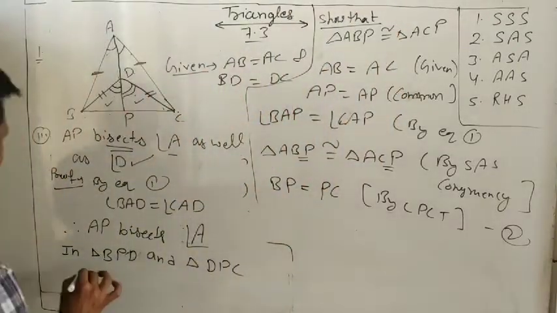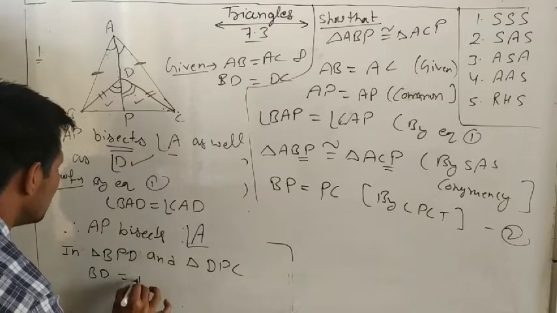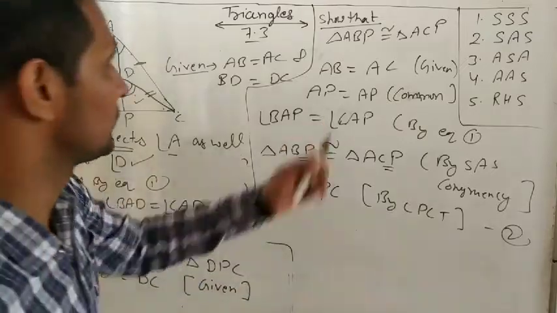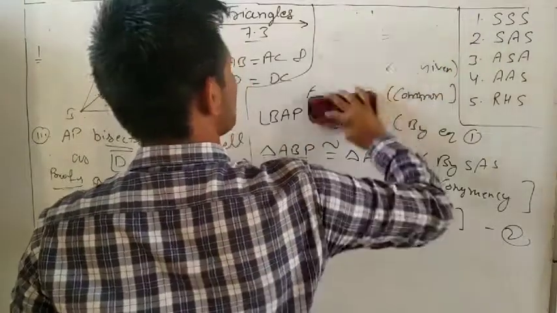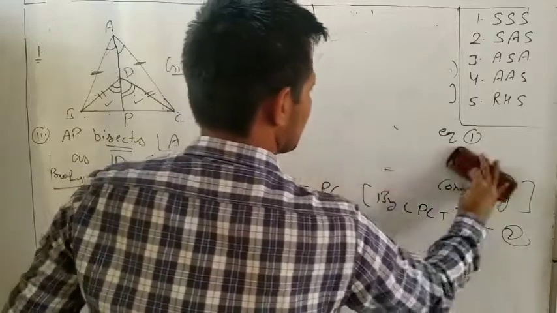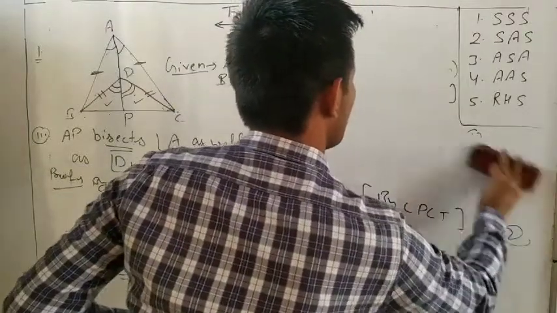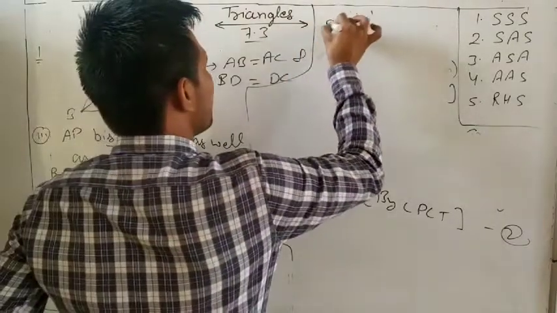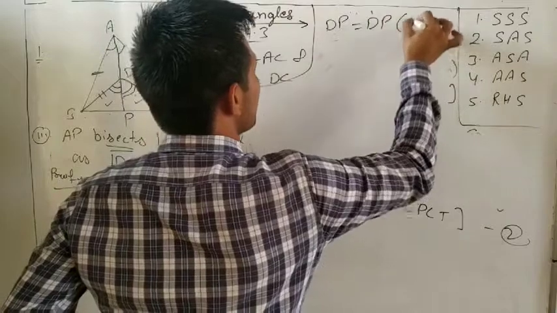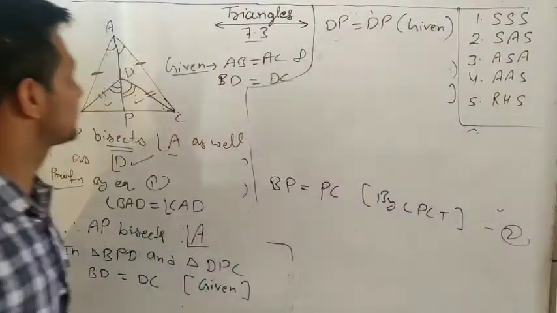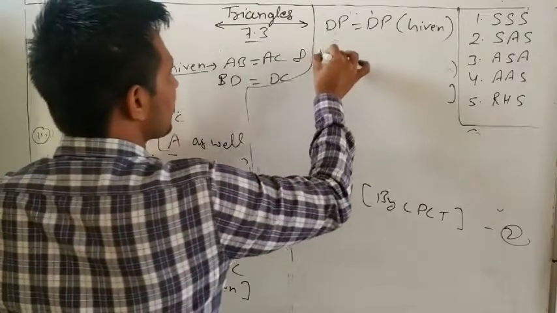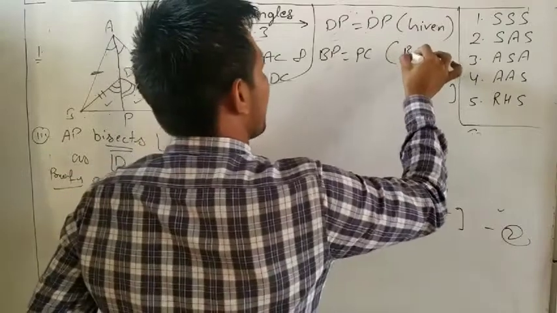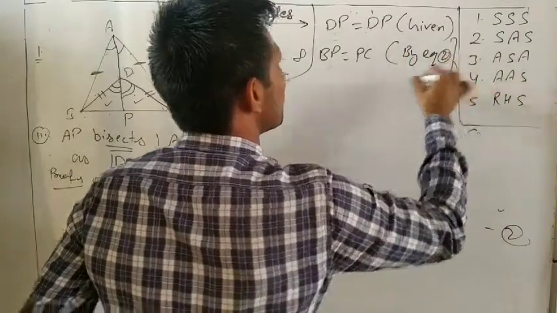So we will write BD equal to DC, given. I hope everyone notes it down. It is equation 2. Now BD equal to DC, given. Next, DP equal to DP, it is common. Next is BP equal to PC. Why are they equal? By equation 2.